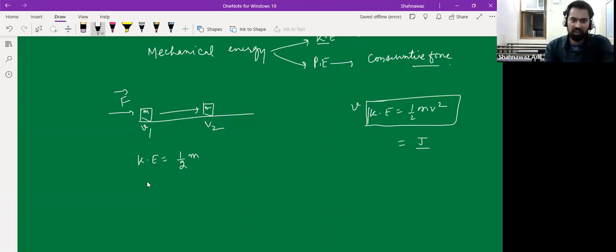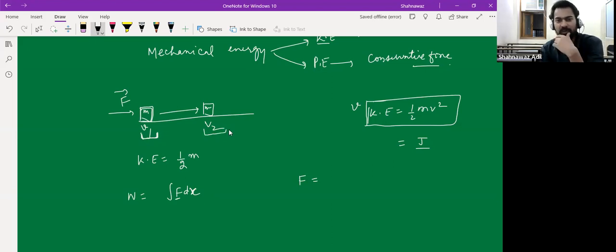So let's say you apply some force, and the velocity with which the object was moving was v1, and then it becomes v2. So what will be the work done here? Work done will be integral of F dr, or let's say dx. You see that this is in velocity.